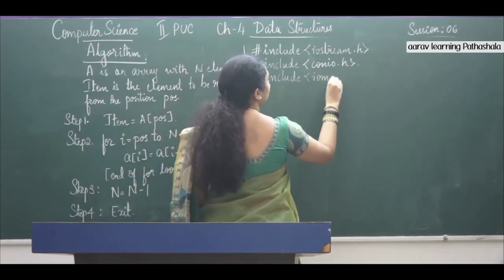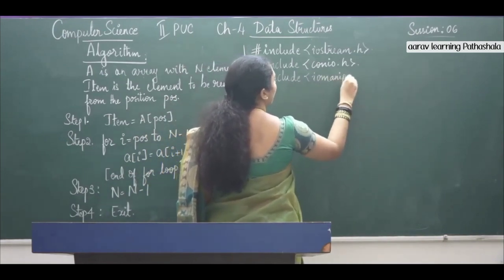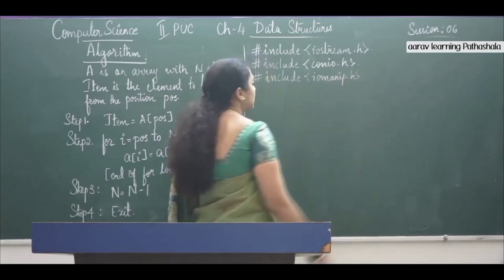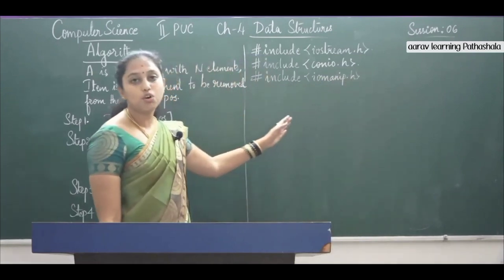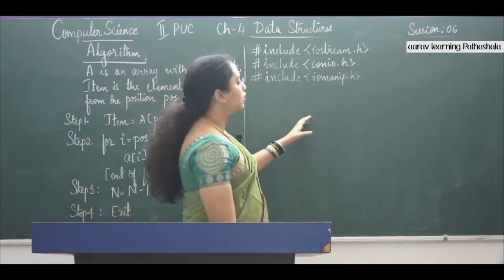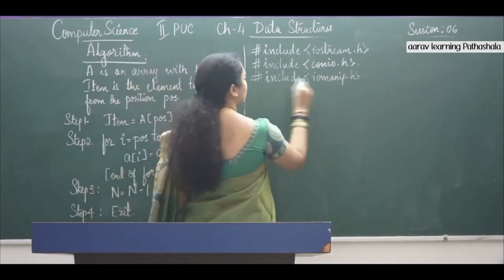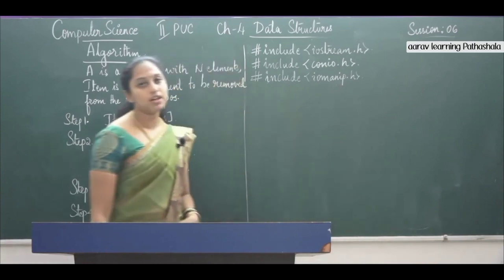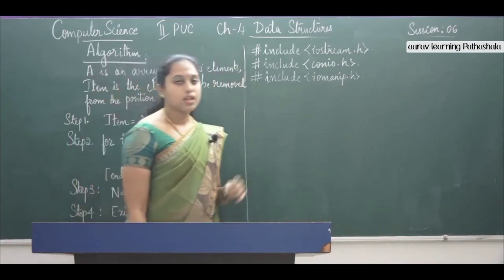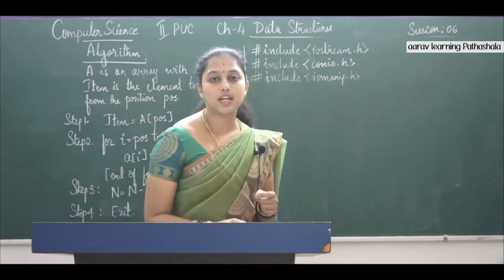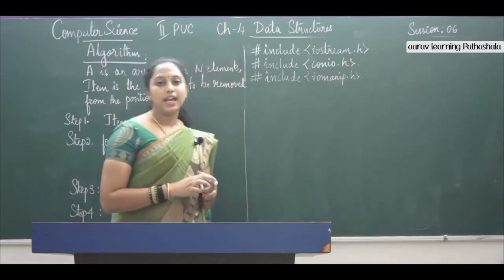It is used to manipulate the output on the screen like the setw function. If you want to use the setw function in our program, then we should include iomanip.h in our C++ program. The setw function is used to set the field width between the elements.